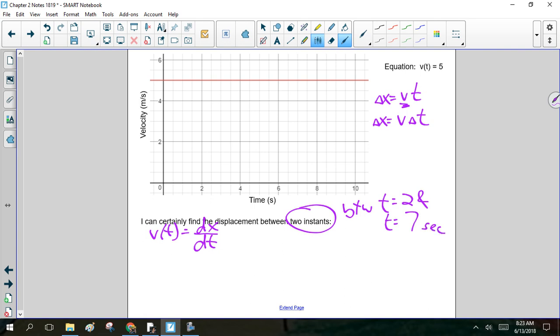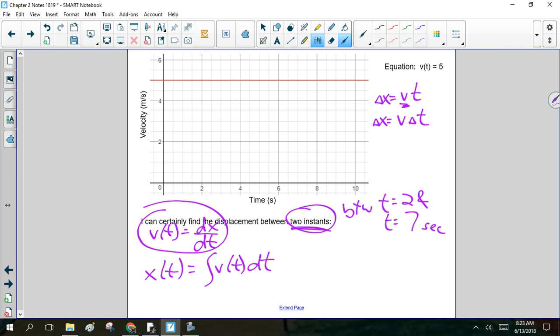I should put units on stuff. I'm looking for the displacement between two things. Because I'm looking specifically for a change between two fixed instants, I need to take a definite integral. Because of this, position as a function of time is the same as the integral of velocity with respect to time, dt.